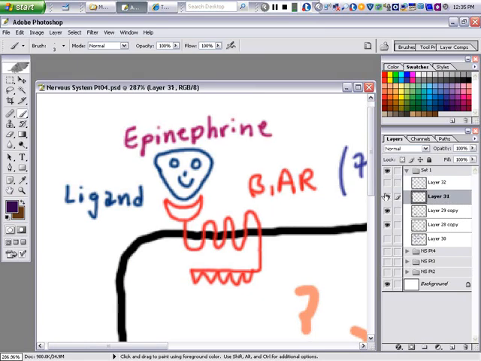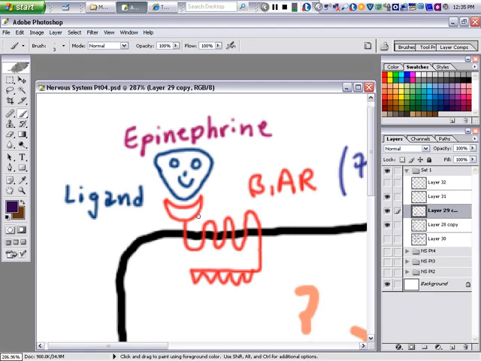We call these ligands. And so for the beta-1 adrenergic receptor, the ligand is going to be epinephrine. And we talked about epinephrine.